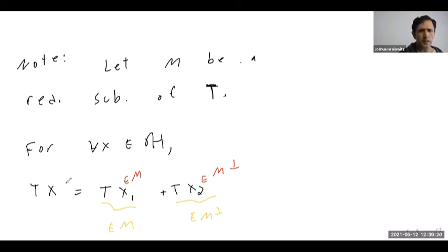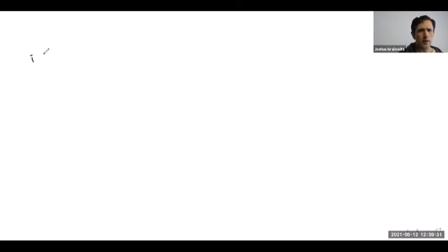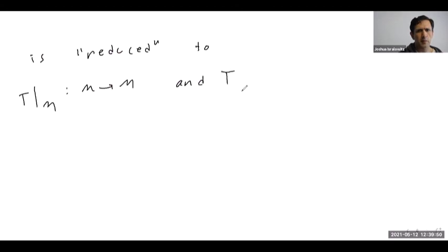So the idea is that the study of T is reduced to the study of these two maps: T restricted to M takes M to M, and T restricted to M perp takes M perp to M perp.